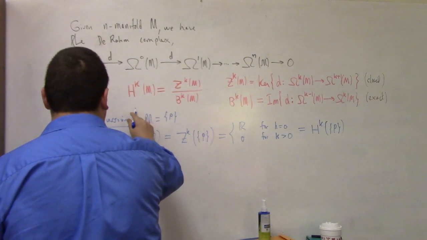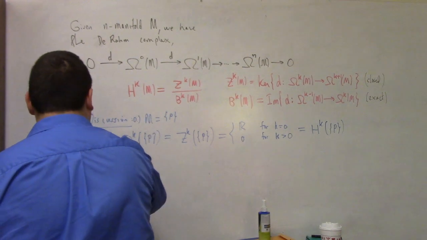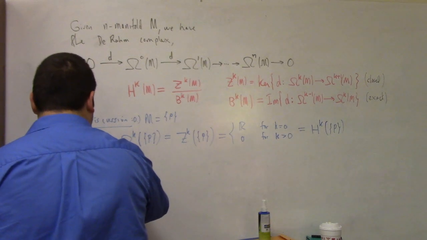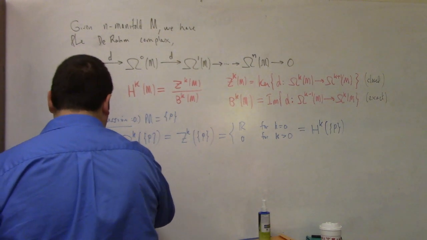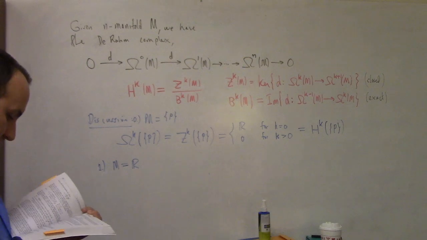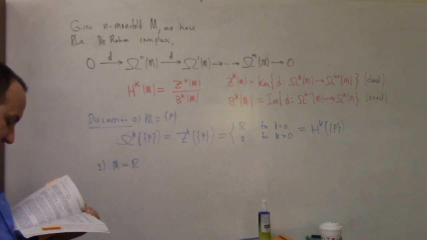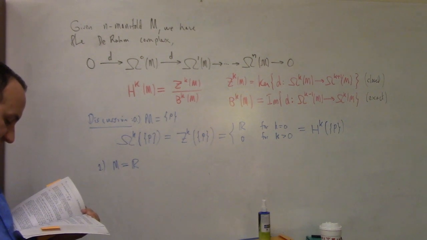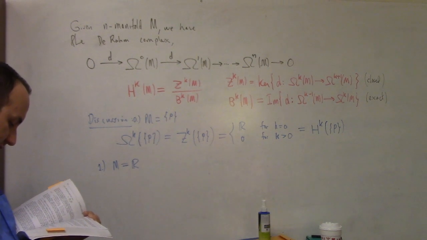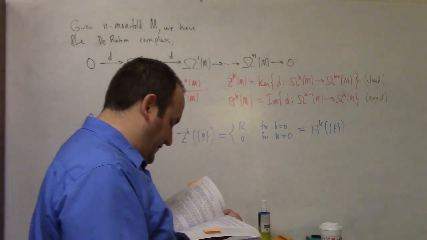I guess that was the 0th case. Case number 1, M equal to the reals. So how's that go? Here, again, Z^0 is clearly just constant functions, it's isomorphic to R. On the other hand, the boundary B^0 of R is also equal to 0, and so he says H^0 of R is also equal to R.